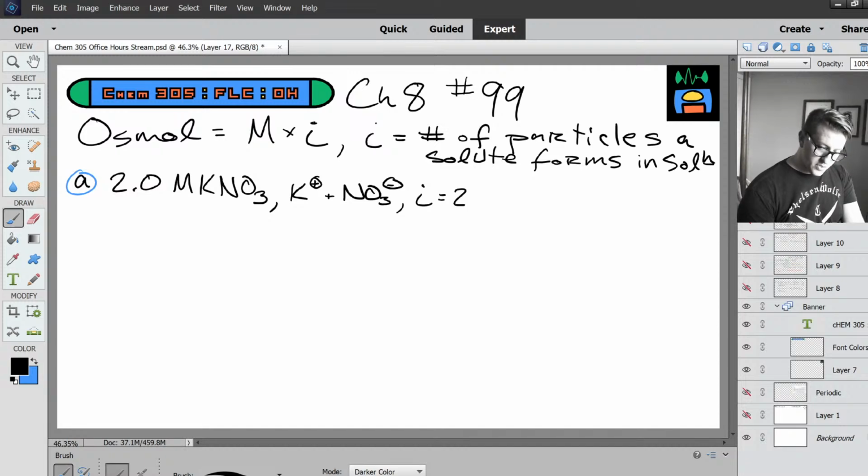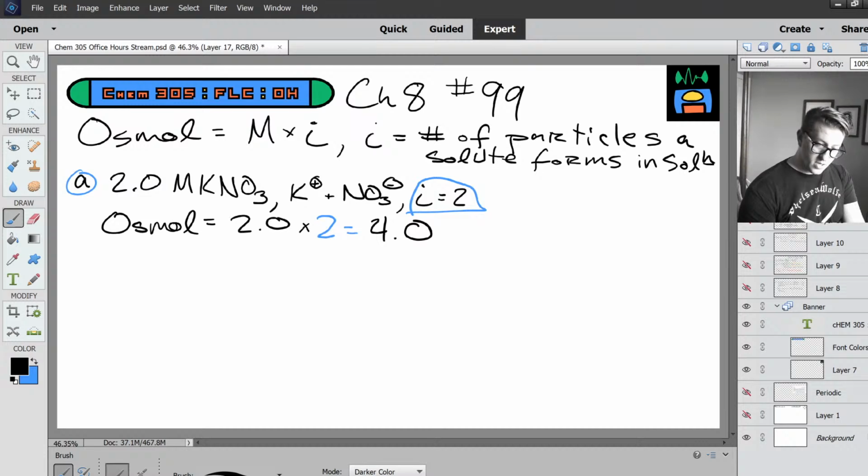So i equals 2, which means that your osmolarity will equal 2.0 times 2. So our osmolarity will be 4.0 osmol. Oh, we've done A. Let's look at B.